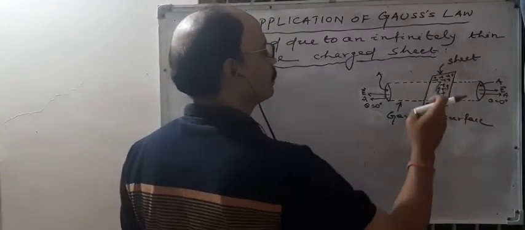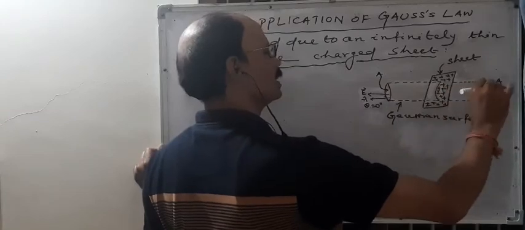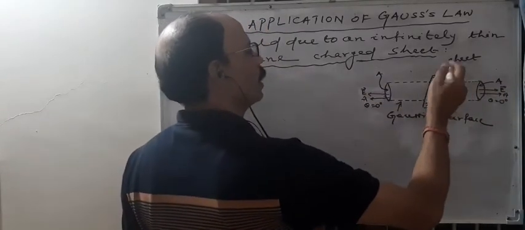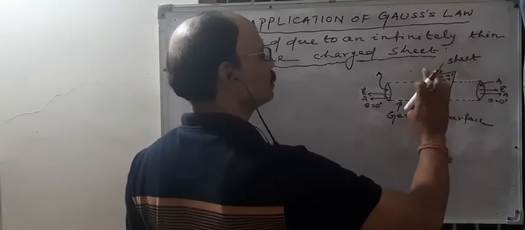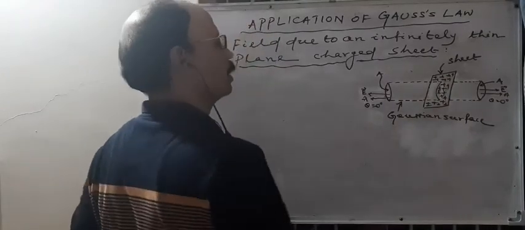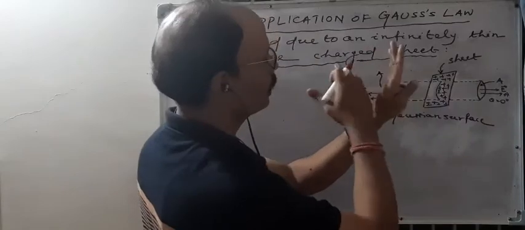So what happened? There will be only electric field either towards right or towards left, because the charges are spread over the surface of the sheet. Surface means this surface and this surface.